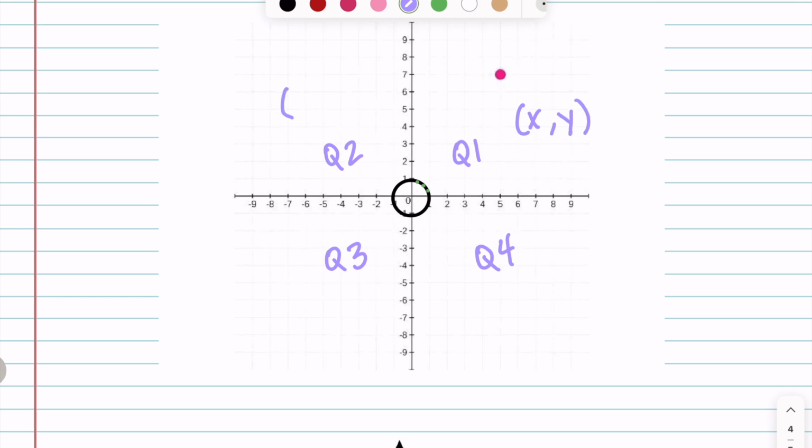Over here, that same point would be -x, positive y. Quadrant 3, both coordinates are negative. And in quadrant 4, you have positive x, negative y. Those same rules apply. That's why if anyone's ever told you that if you can complete the first quadrant, then you can complete them all, this is why.